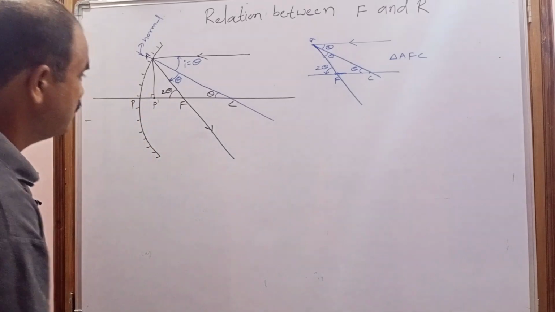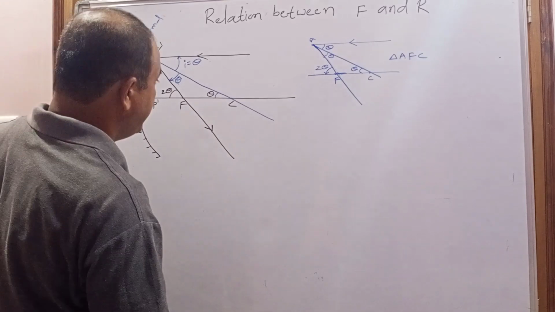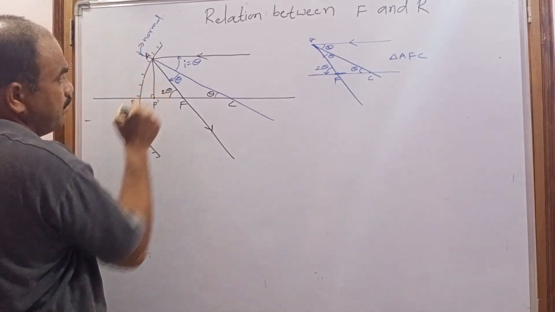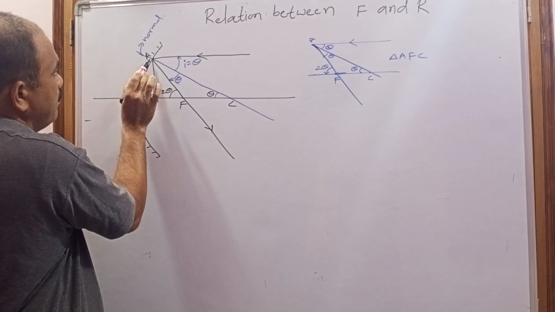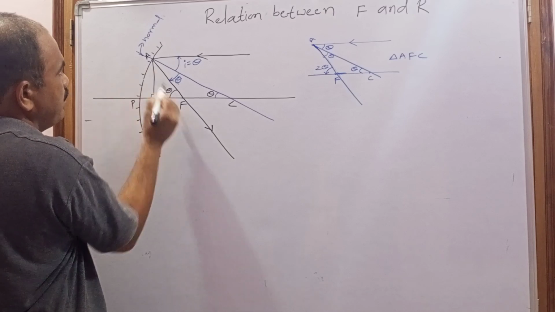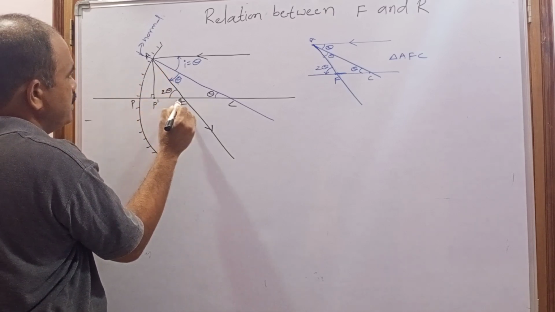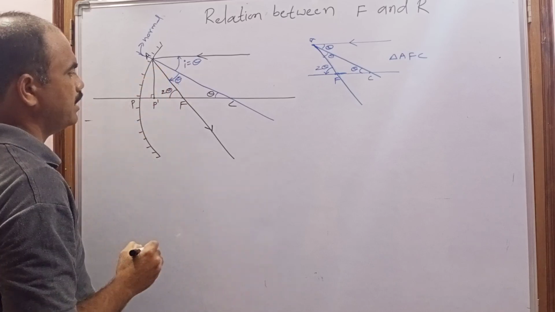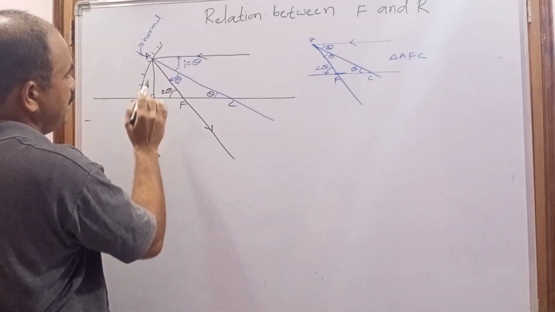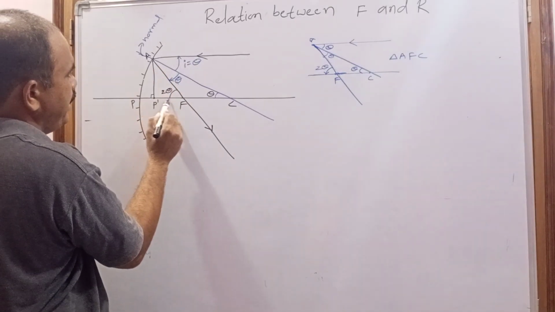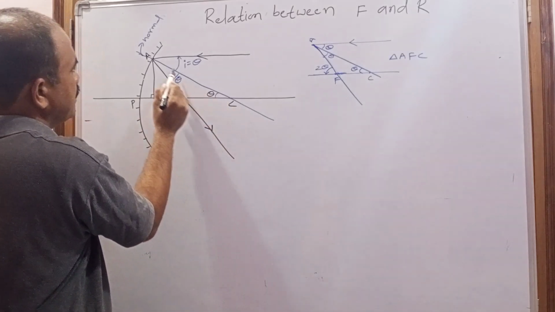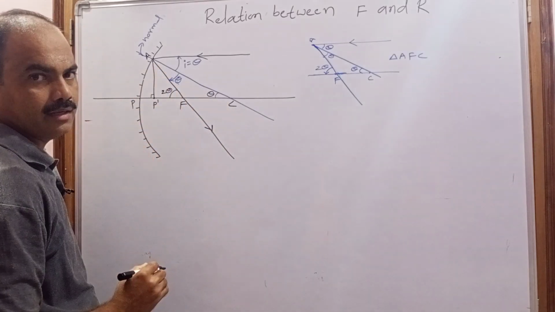Now two right angle triangles are formed because of this drawing. One is A P dash F, the first right angle triangle, and the second is A P dash C, the second right angle triangle.